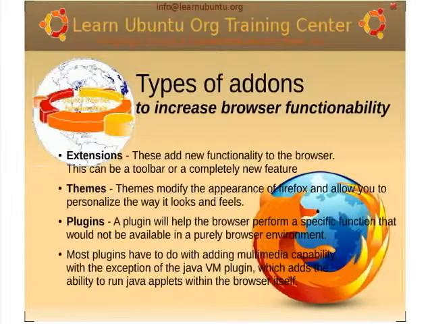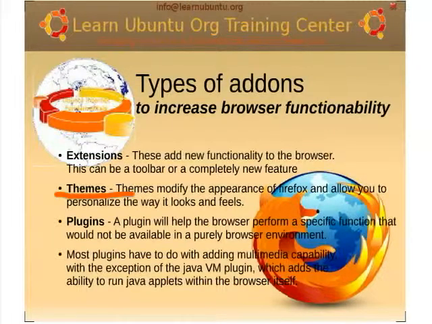Now there are different types of add-ons for the Firefox browser, and we should know the subtle differences between them. There are extensions, themes, and plugins. An extension adds new functionality to the browser, not necessarily part of the browser, an extra piece of software the browser can make a call to and use.